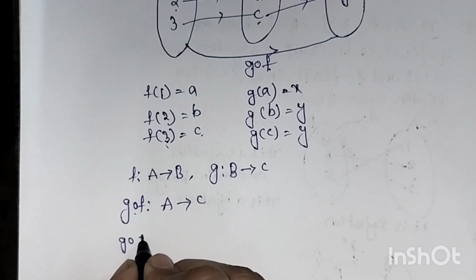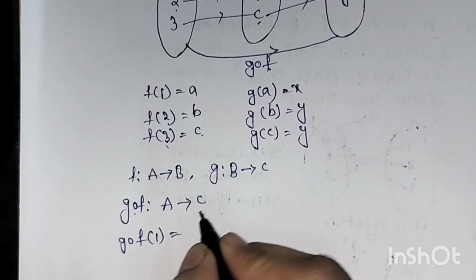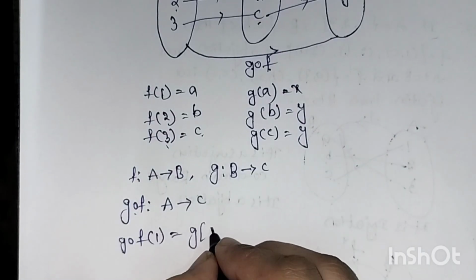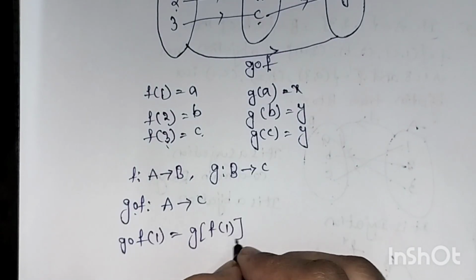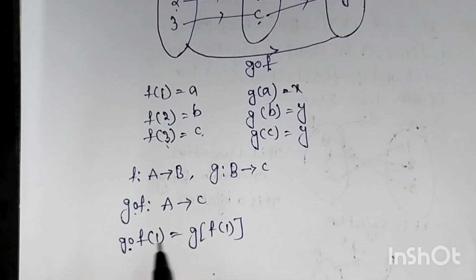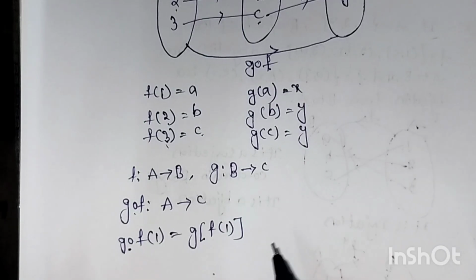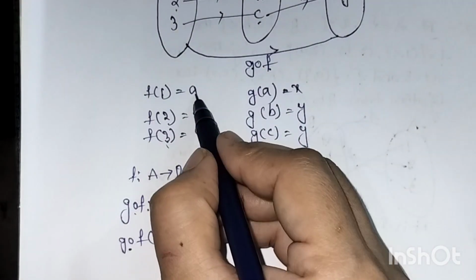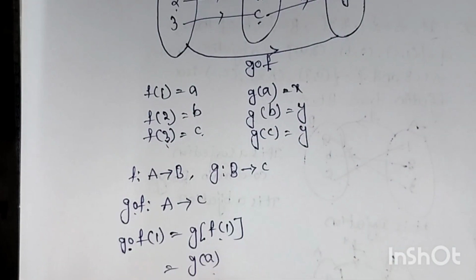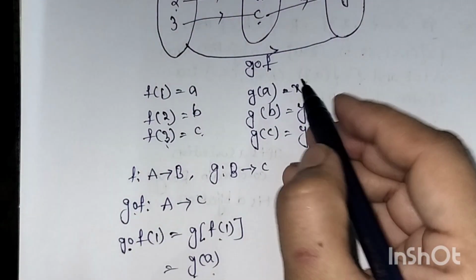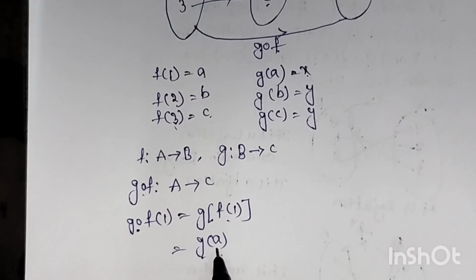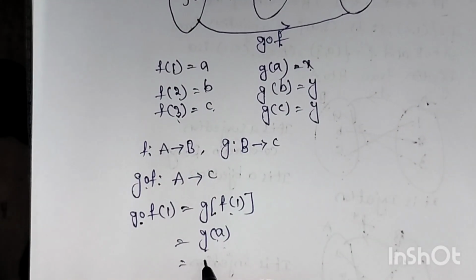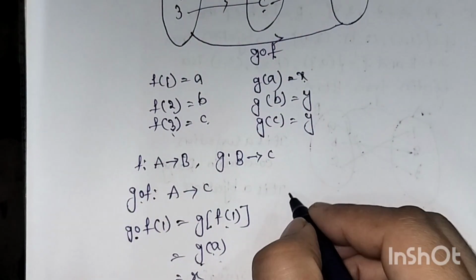G circle f of 1 equals g of f of 1. Remove the circle and put the square bracket. Here g of f of 1 is g of a. G of a is equal to x. Image of a is equal to x.